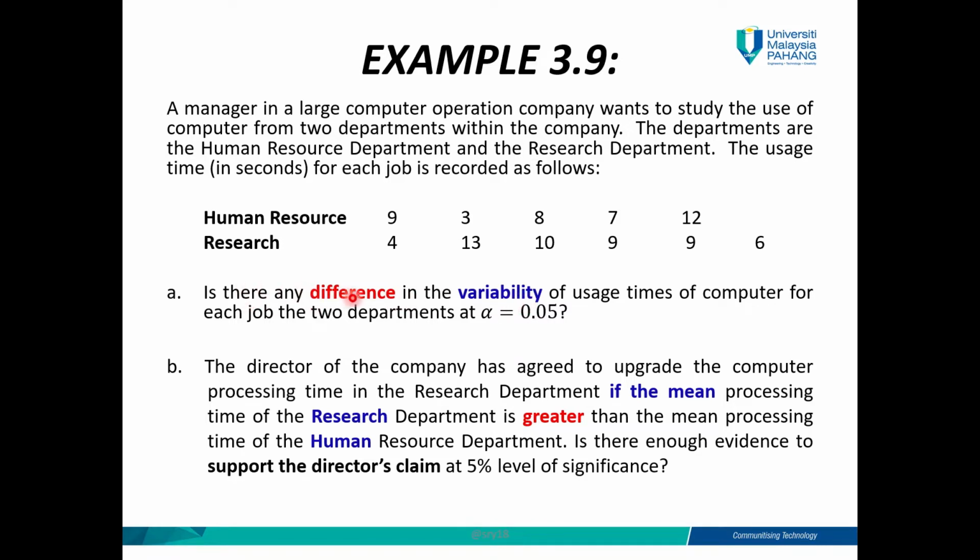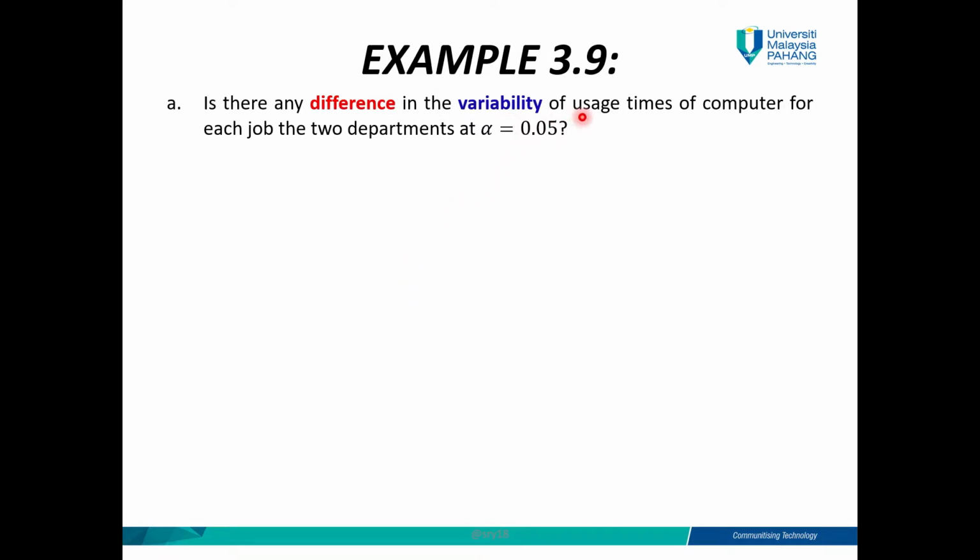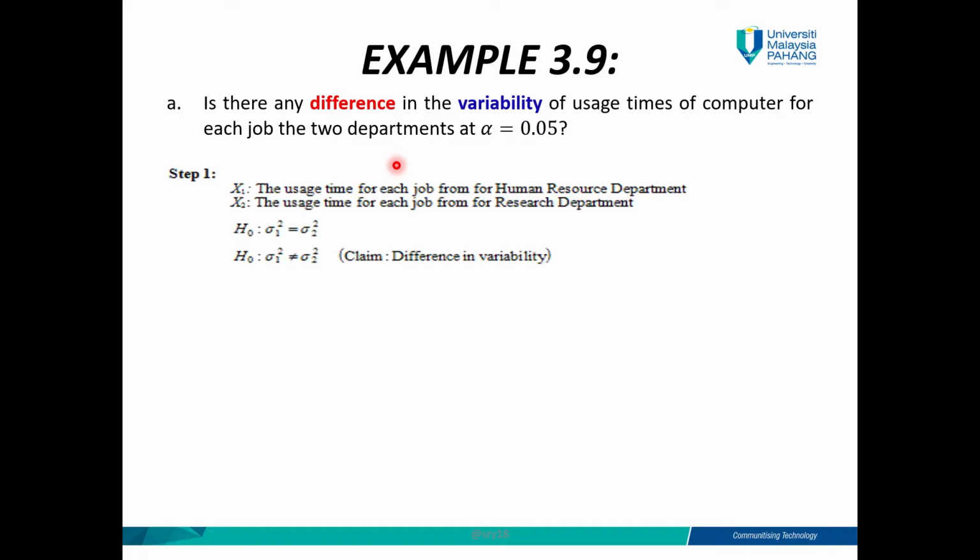So, is there any difference in the variability for the two departments? Which means, does sigma square of human resource differ from sigma square of research? There are two groups, the human resource group and the research group. So now you need to test whether there is any difference in the variability of sigma square for human resource and sigma square for research department.